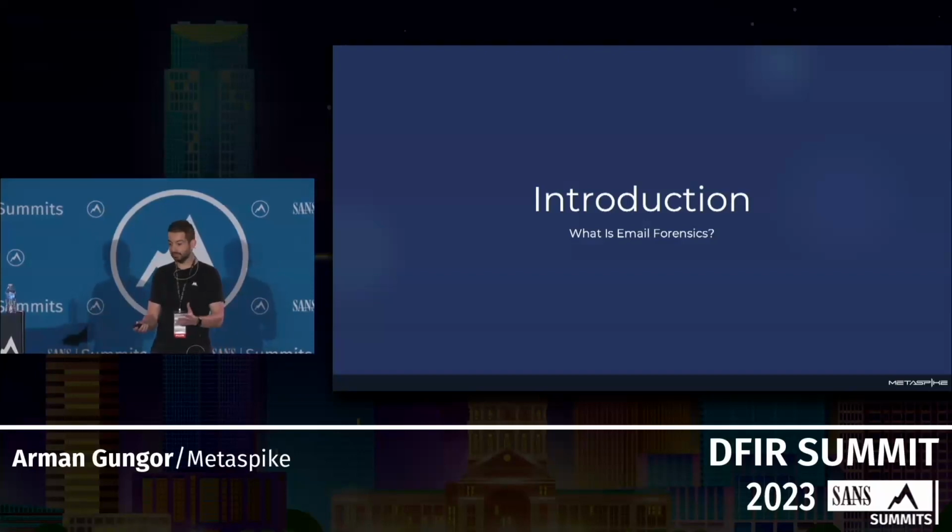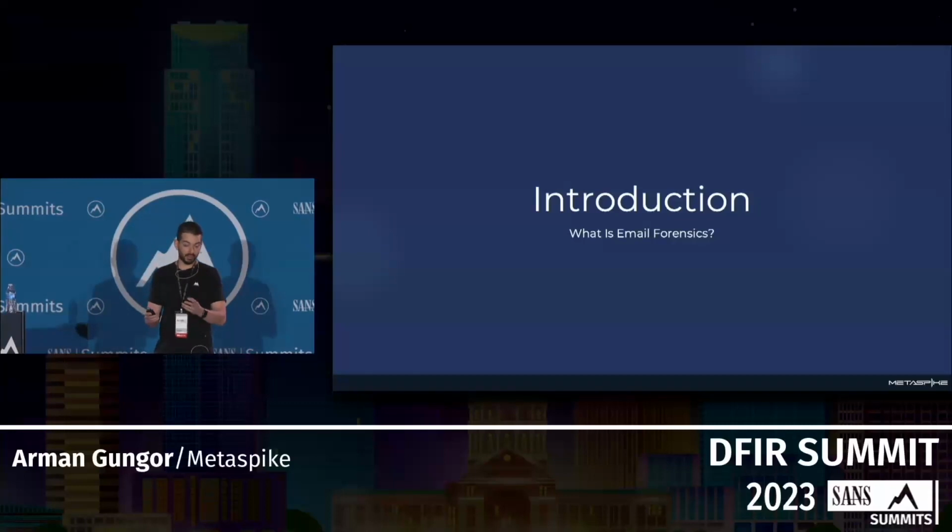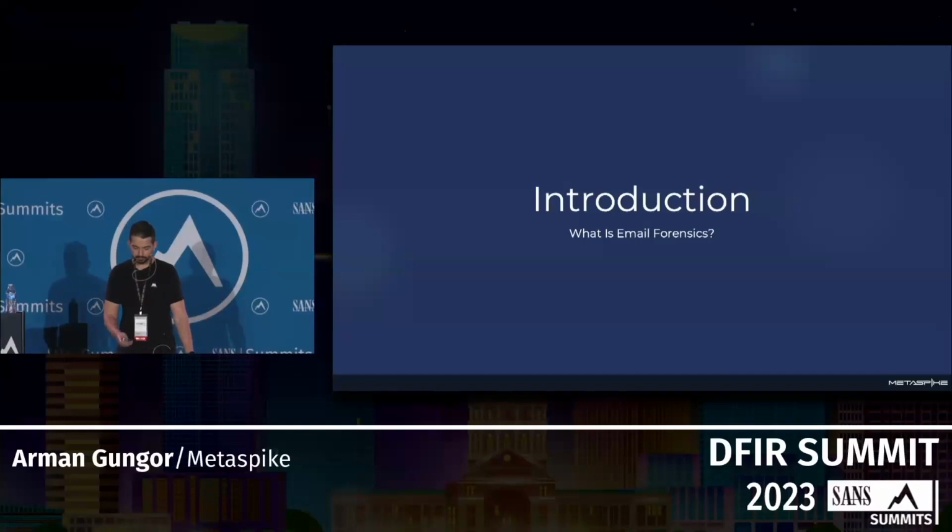And then there's the systems where you might have emails on a workstation, on a mobile device, on a server, so any type of endpoint that could house email evidence. And then there is the service providers and the cloud and the email gateways and the email security and compliance systems, the logs, backups, and all that stuff that's mostly remote.